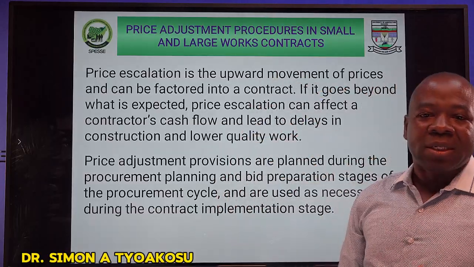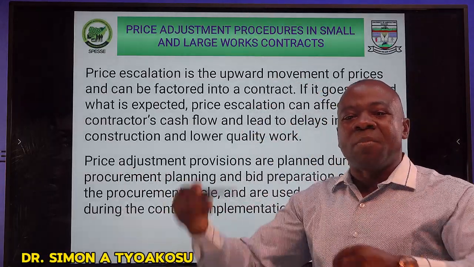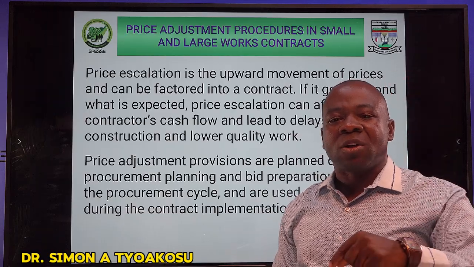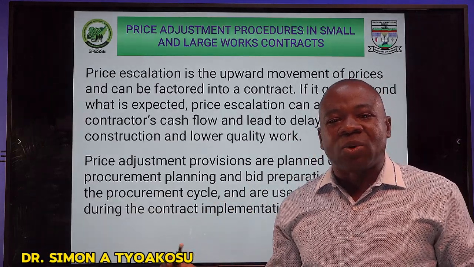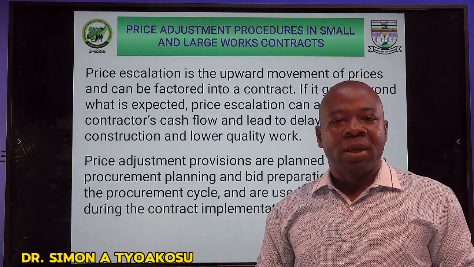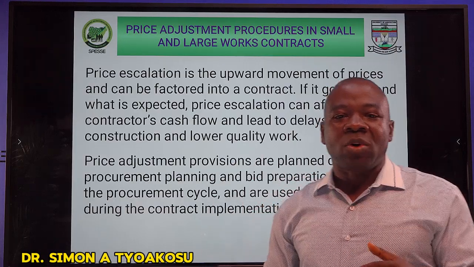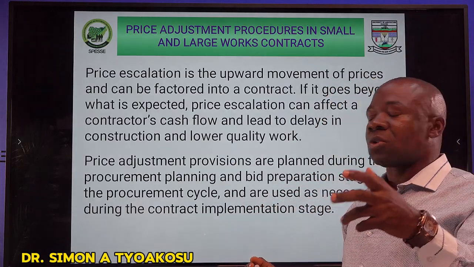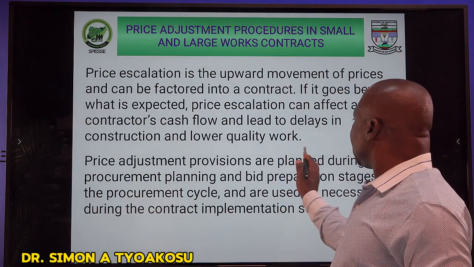Those changes will be accommodated. But if the provision was not made initially, it will become difficult for the changes to be accommodated. Whatever they may do would be, okay, let's reduce the quality to come up with the product at the end of the day. And the procuring entity will not be able to get value for the cost of the entire project that they are carrying out. So that is the reason this is done.